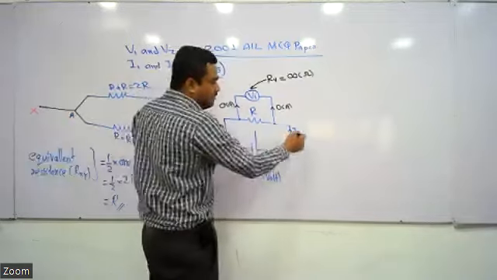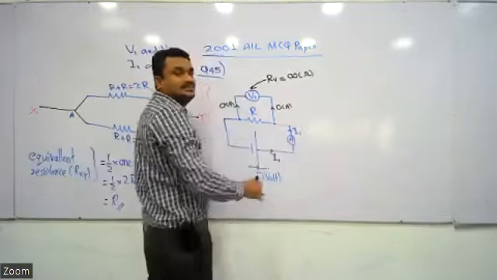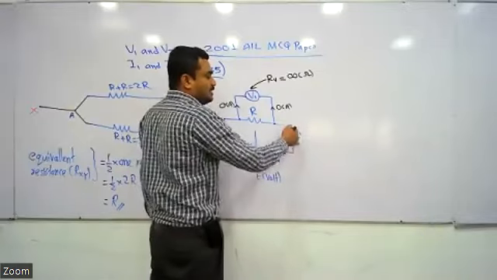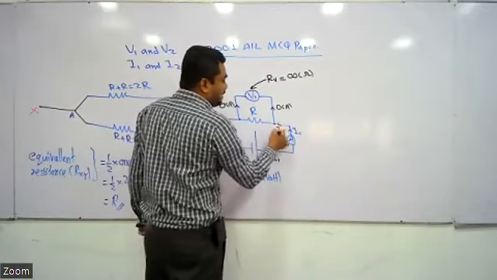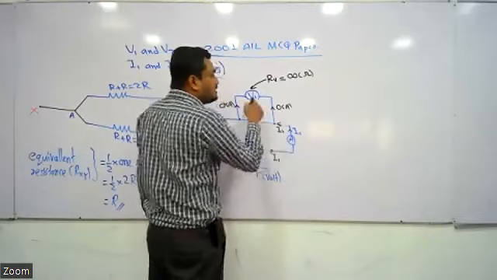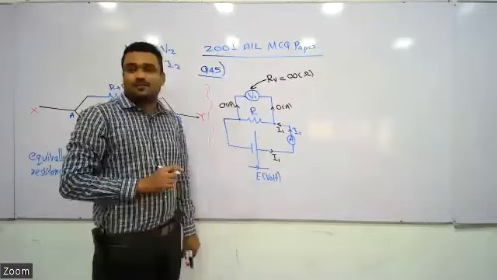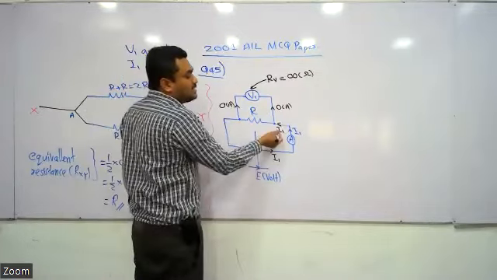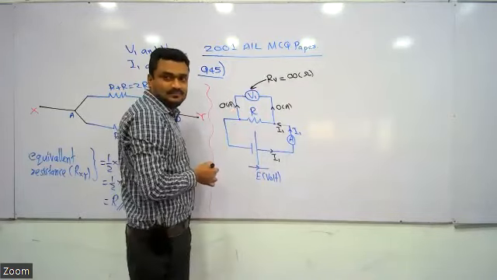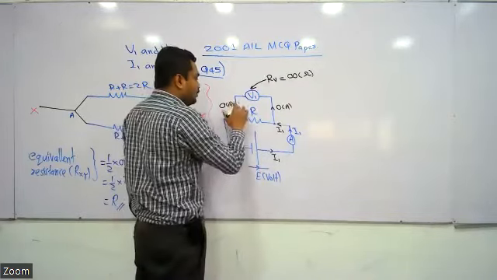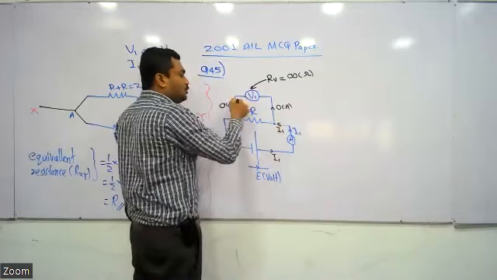The current flowing through the ammeter is I1, therefore ammeter reading is I1. This I1 current reaches here. If this is a normal voltmeter, part of this I1 current will flow through the voltmeter.